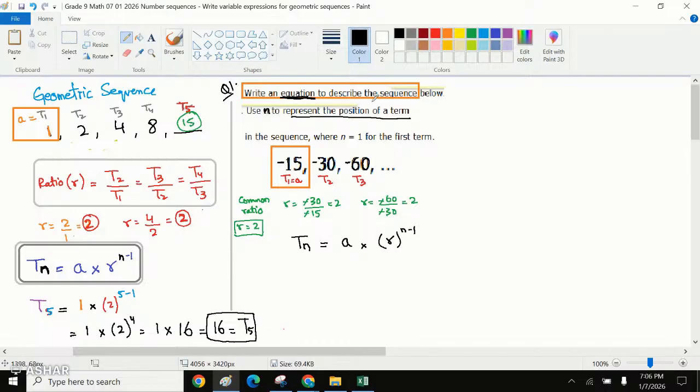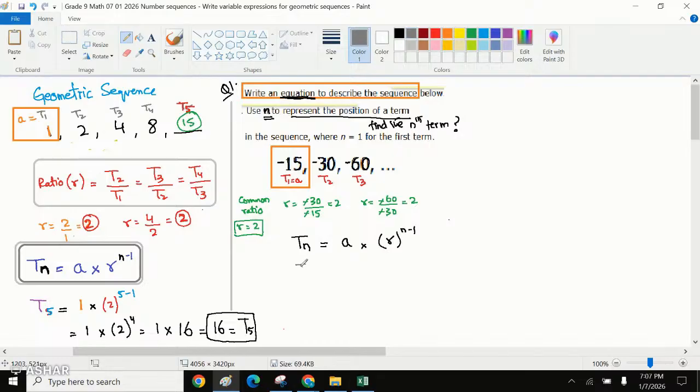We need to find an equation that represents the sequence. We do not have to find a specific term. This can also be known as find the nth term. That means we need to find an equation that will give us any specific term depending on the value of n.